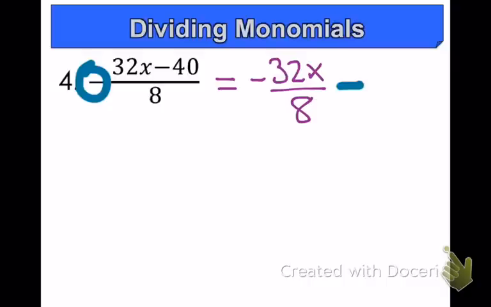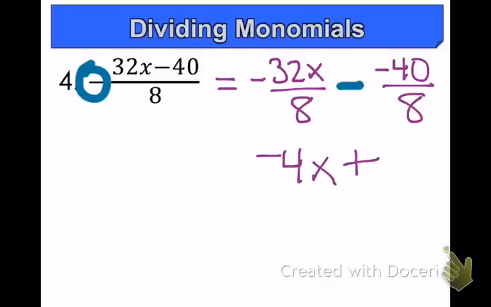So we have a negative 40 divided by 8. Let's go ahead and simplify this. We have 8 into 32 goes 4 times. Let's not forget our negative. And the double negative here becomes a positive. 8 goes into 40 5 times. And that is my final answer. 4x negative plus 5.